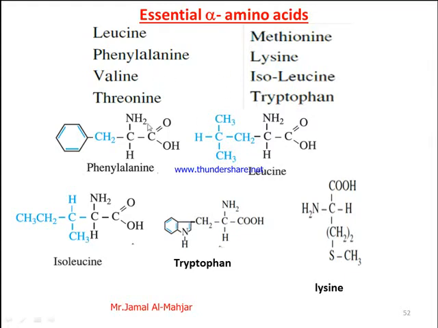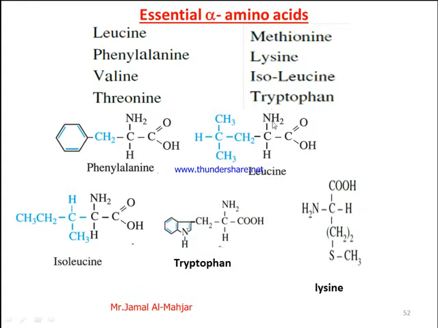Here we have the structure of some of them. This is for phenylalanine, for isoleucine, for tryptophan, for leucine, for lysine. And as we see here, all of them have the same part: H2N-CH-C double bond OH.